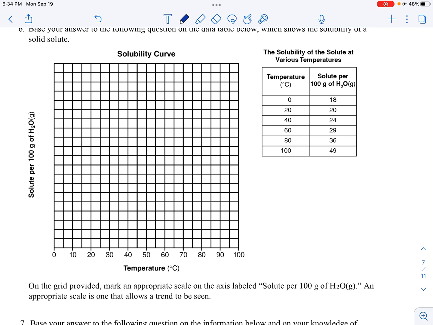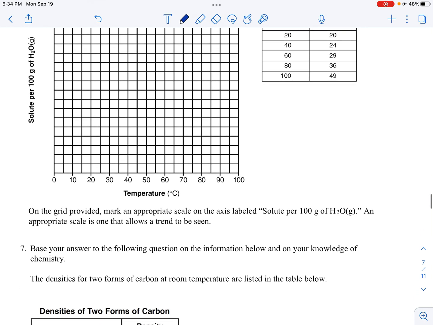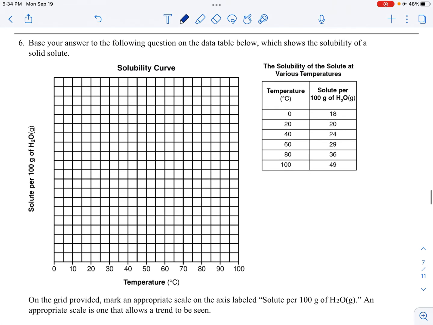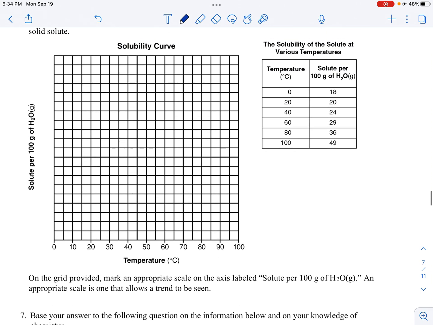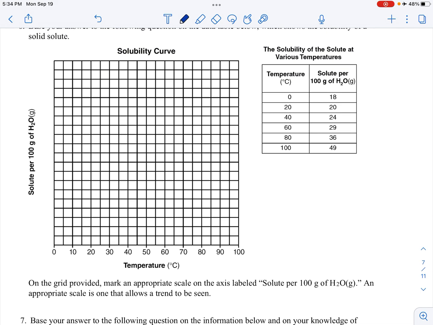It says on the grid provided, mark an appropriate scale, and then we should plot the points. It doesn't say to, but we probably should. Okay, so we have to go from 18 to 49 grams of solute. So I don't know.